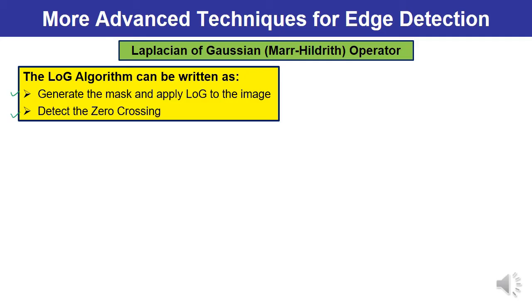It means in the first step the given image is blurred using the Gaussian operator. So first image blurring is required, and only then the Laplacian operator is used. The Gaussian function reduces noise. It means the Laplacian minimizes the detection of false edges. False edge detection is minimized over here.